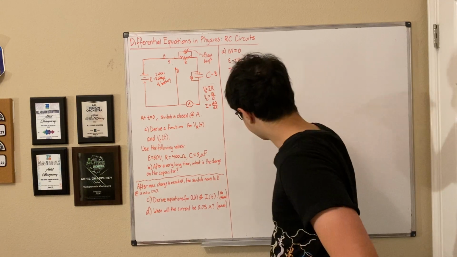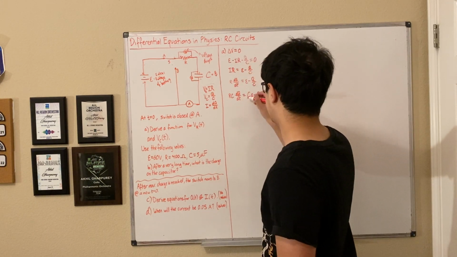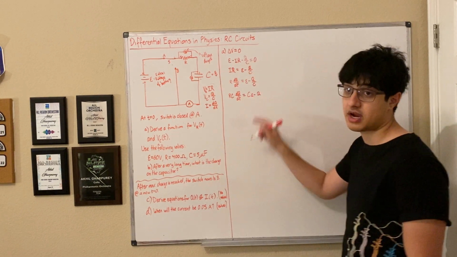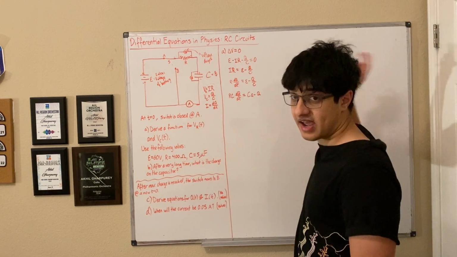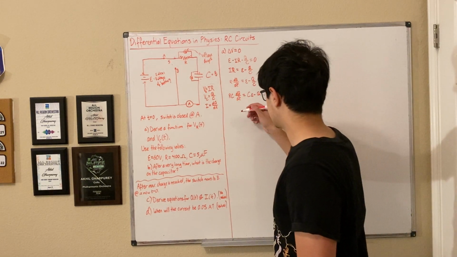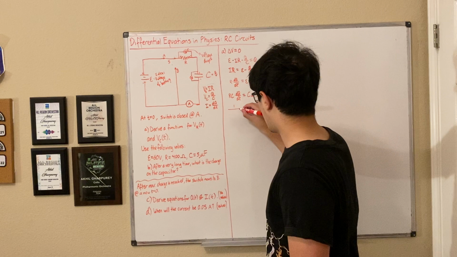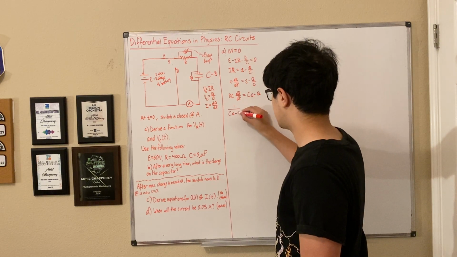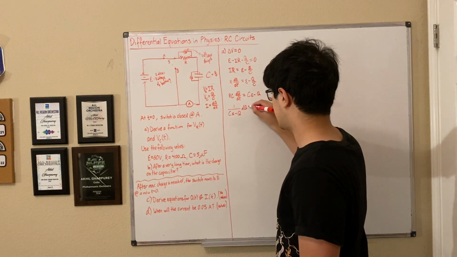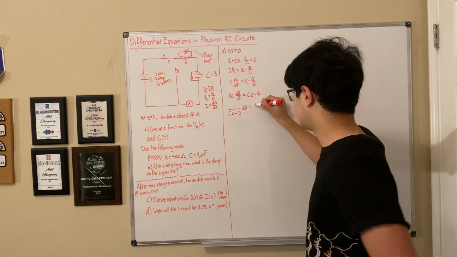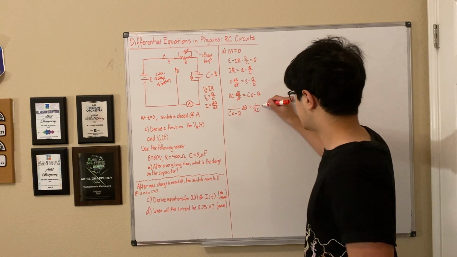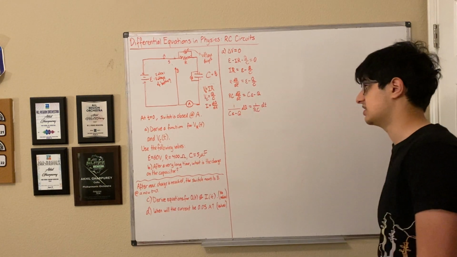In other words, if we divide both sides by C epsilon minus Q, and then move everything else, we're going to have 1 over C epsilon minus Q times dQ is equal to 1 over RC times dt.